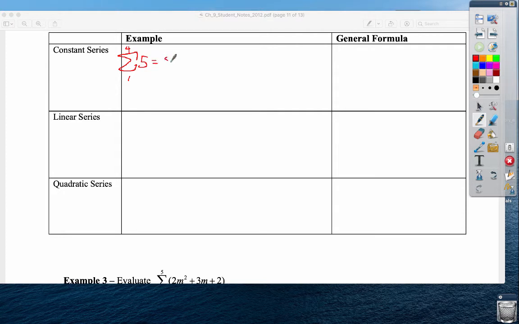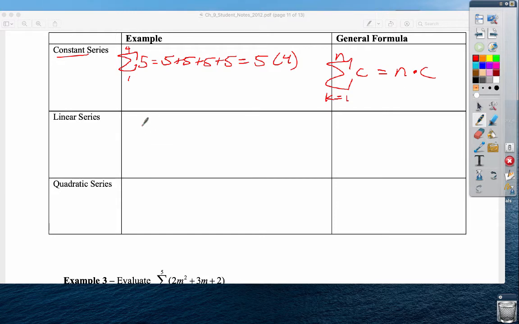Well, that means the first term is 5, the second term is 5, the third term is 5, and the fourth term is 5, which means we end up with 5 times 4, which is 20. So when I just have a constant, no variable, going from k equals 1 to n, I can just take n times c. Isn't that great?